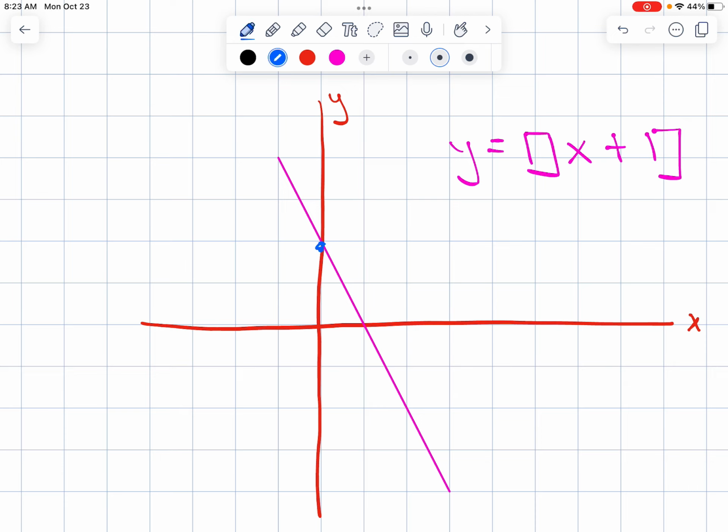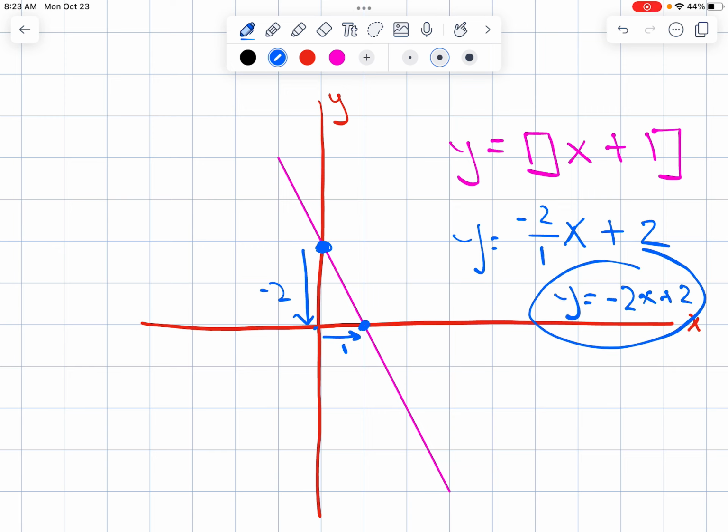So let's look from here to here. Between those 2 points, I am going down 2, so it's negative 2, and I'm going over 1. So negative 2 over 1, x, plus the y-intercept here. This is the point 2. And if we simplify that a bit, we're going to do y equals negative 2x plus 2, and that's our equation.